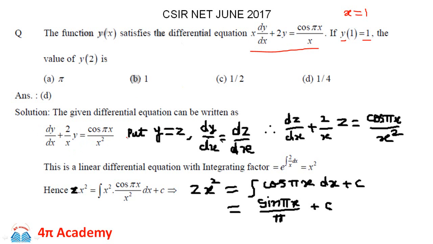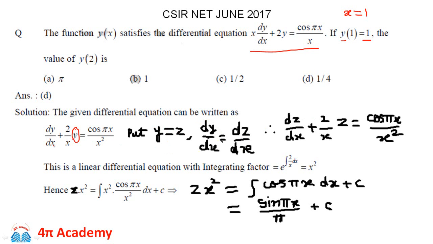Now here we put this y as another variable z. So let us make a substitution that y is equal to z. Differentiating this, we get dy by dx is equal to dz by dx. So now we can use dz by dx instead of dy by dx, and z instead of y.